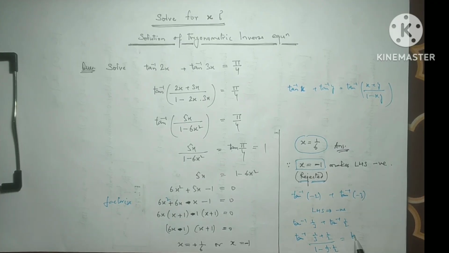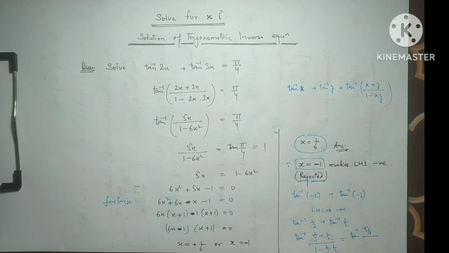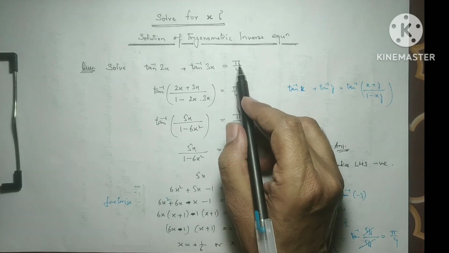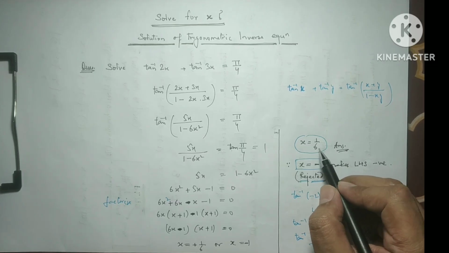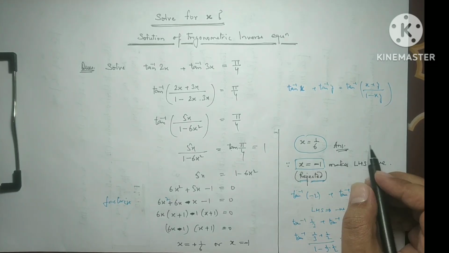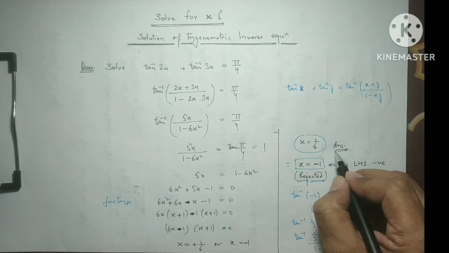So we get tan inverse, on taking LCM 6, 5 by 6, and in the denominator also 1 minus 1 by 6 is 5 by 6. So these cancel out, we get 1. Tan inverse 1 is pi by 4. So this is our answer. This way we can say 1 by 6 is the correct answer.